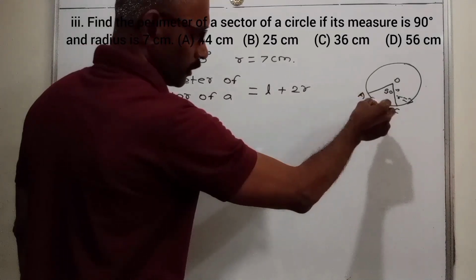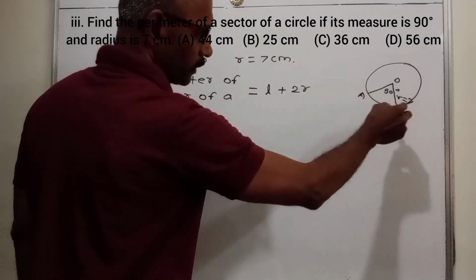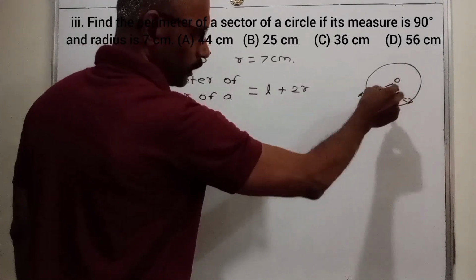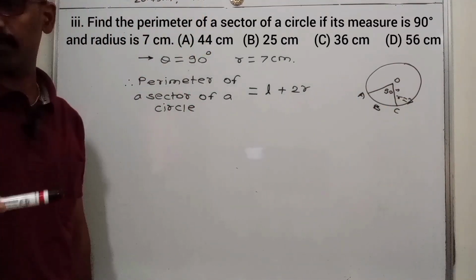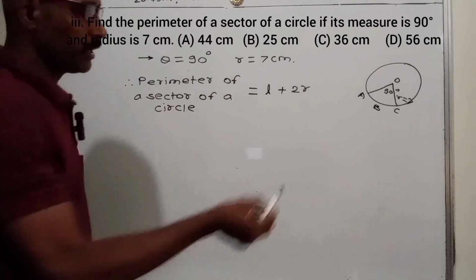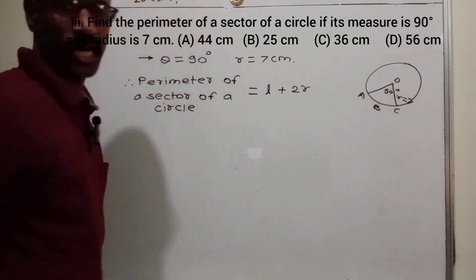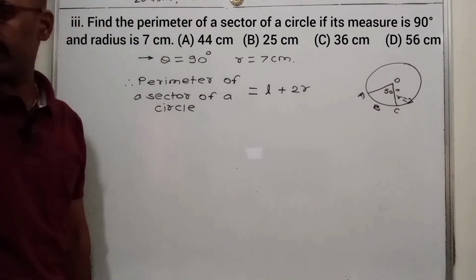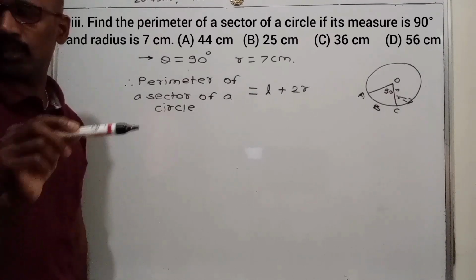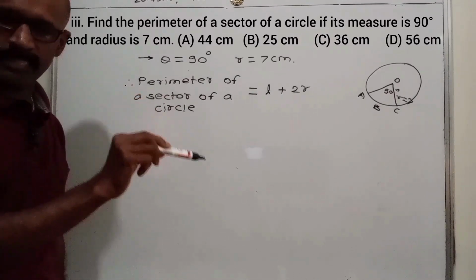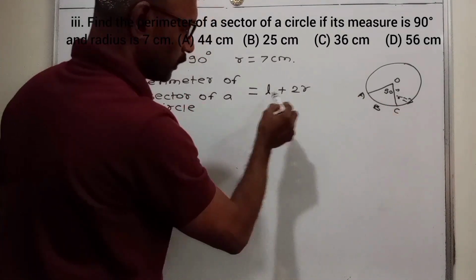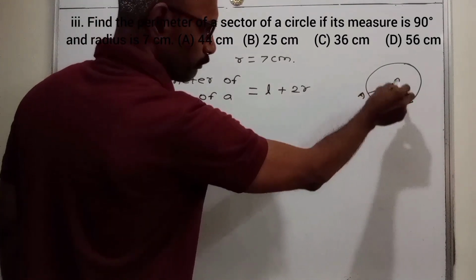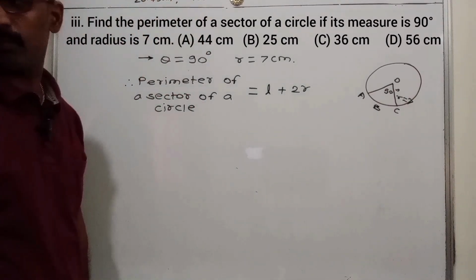Perimeter means length of an arc ABC plus radius plus radius. R plus R. Did you get it? That is we say perimeter of that particular sector. Length of an arc plus OA plus OC. Did you get it?